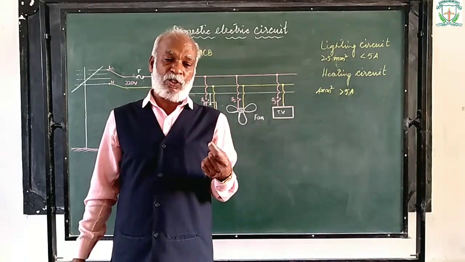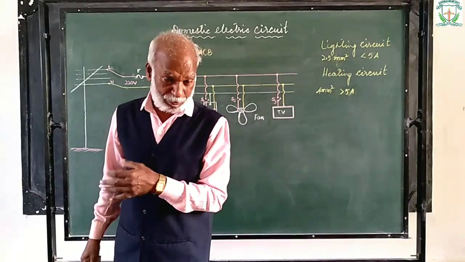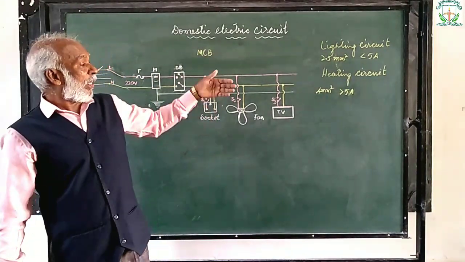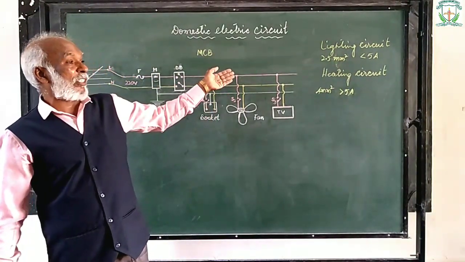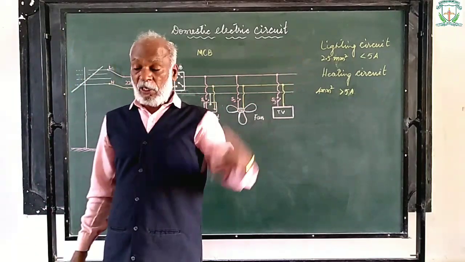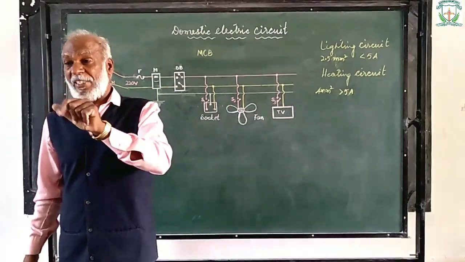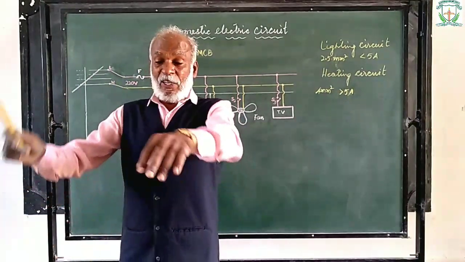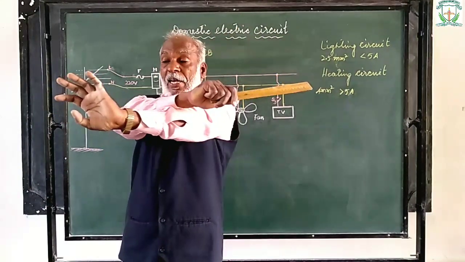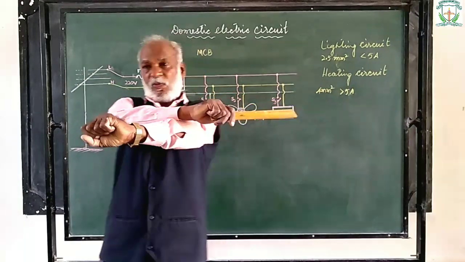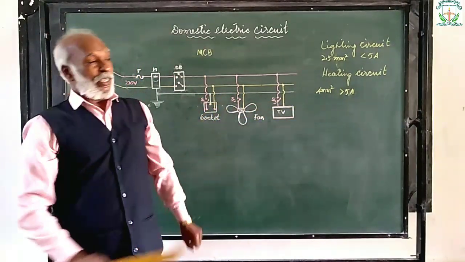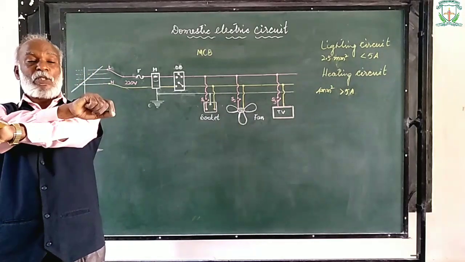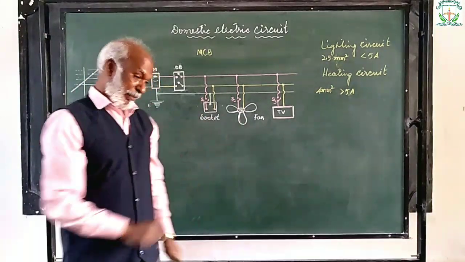Over the period the insulation tape may come off, or the quality of the insulation may not be that good. The insulation material deteriorates and the wires become naked and they come in contact. What happens if the phase and neutral wires come in contact?